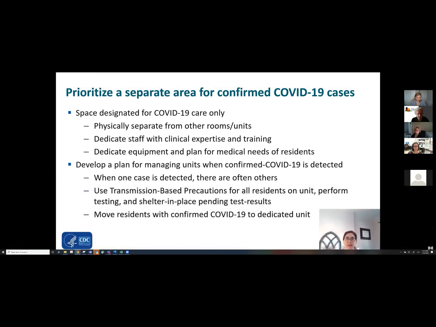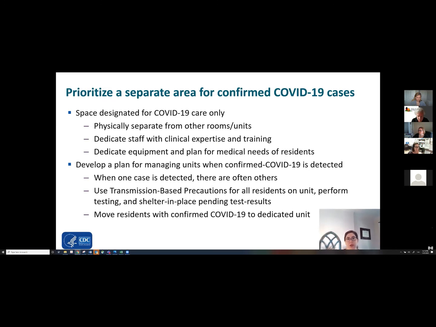We do recommend that you try to have this area physically separated from other rooms and other units of the building, and that you dedicate staff as best as you are able to this unit. Ideally, there are staff that have clinical expertise and training, and that you do have also dedicated equipment and plans for meeting the needs of these residents, because we have seen these residents with COVID-19 developing potentially serious illness, and sometimes that happens quickly.